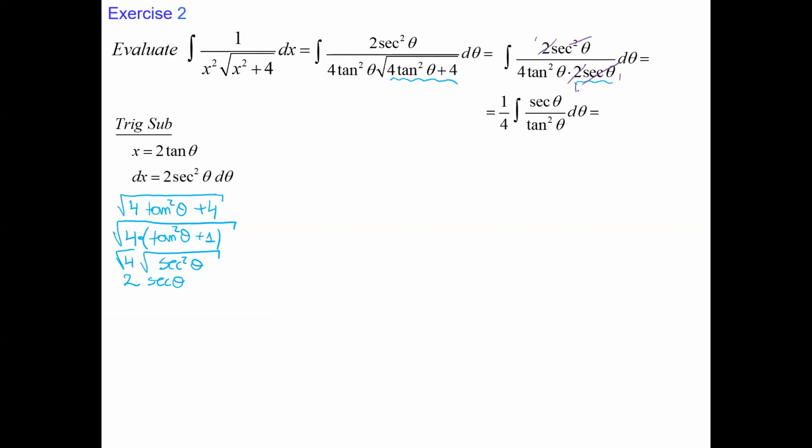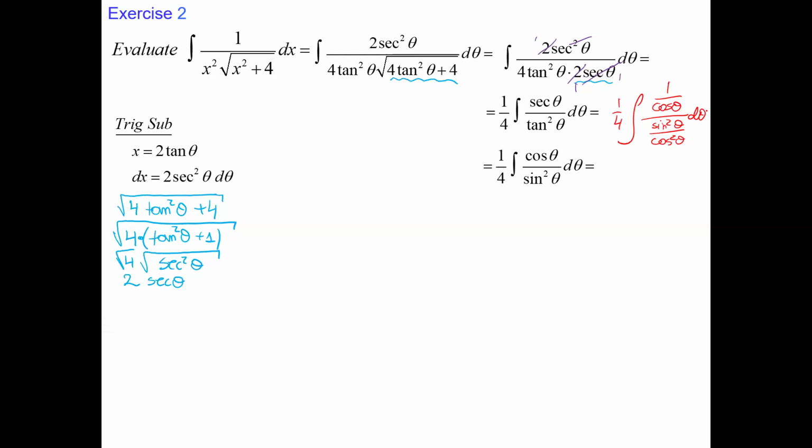Let's rewrite this integral in terms of sine and cosine. 1/4, secant is 1 over cosine theta, tangent squared is sine squared theta over cosine squared theta, d theta. And when we flip, we cancel out one of the cosine theta, leaving cosine theta over sine squared theta.